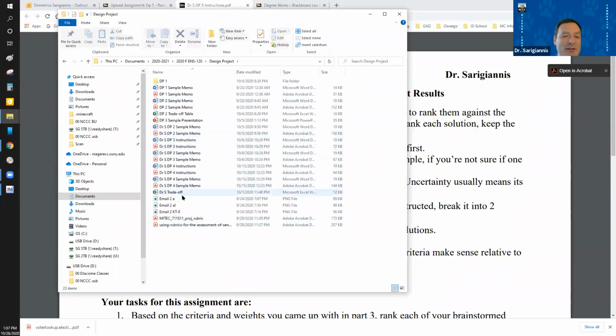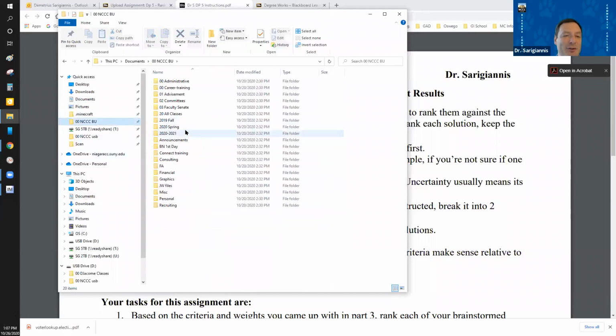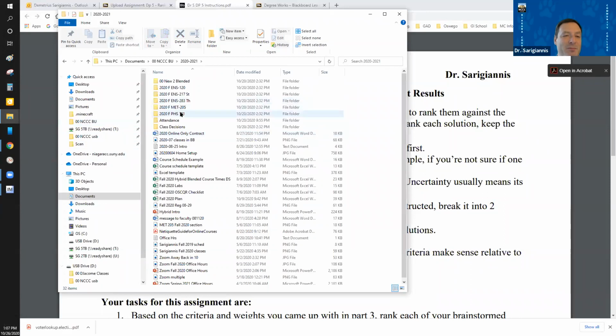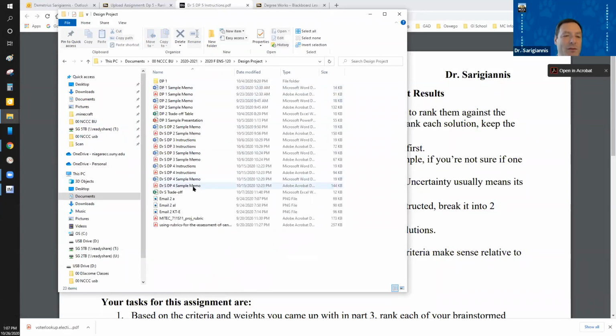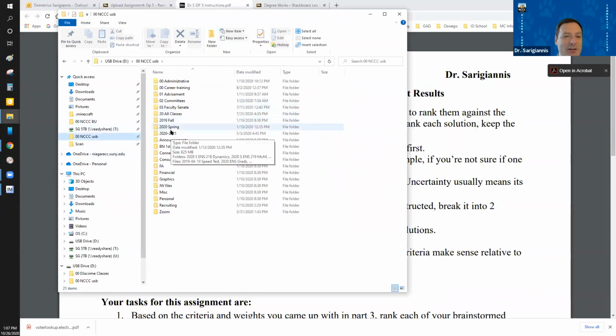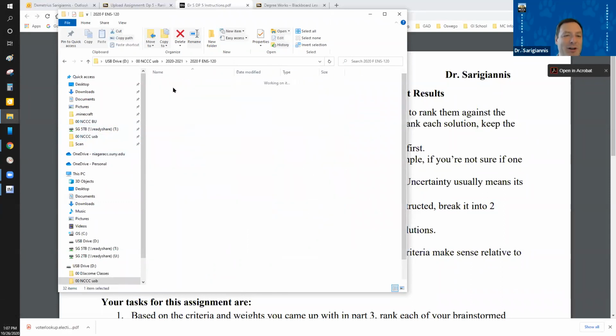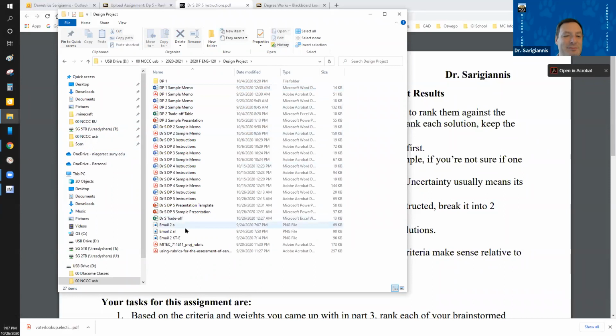Design project. Hey, whoa. Oh, I'm in the wrong folder. Oh, weird. How do I keep going? Oh, geez. My bookmarks are all messed up. Here it is.